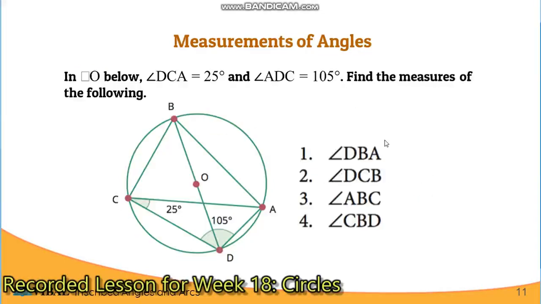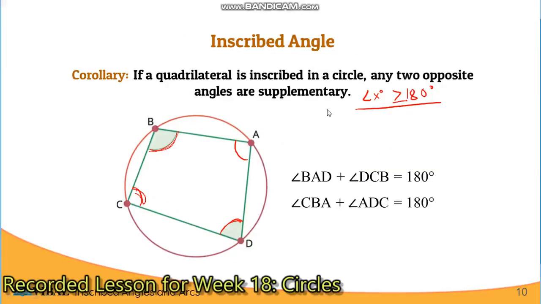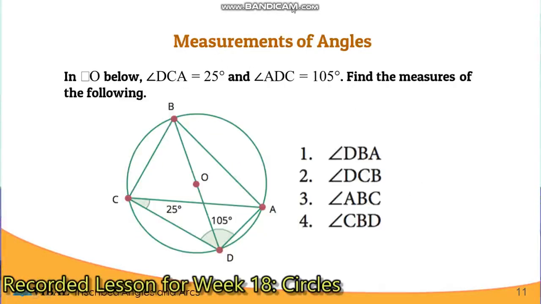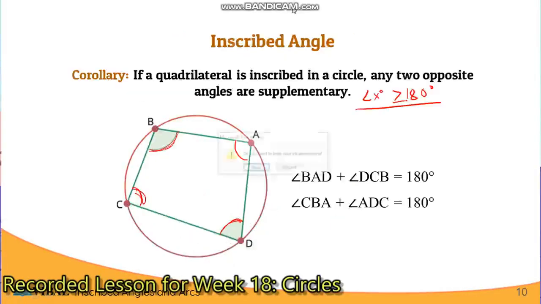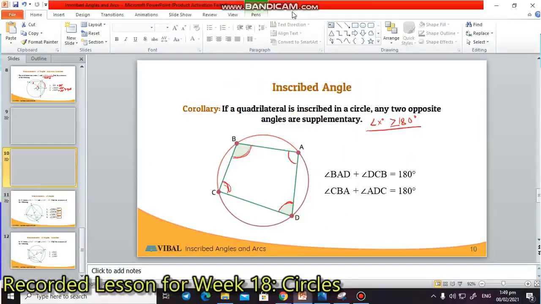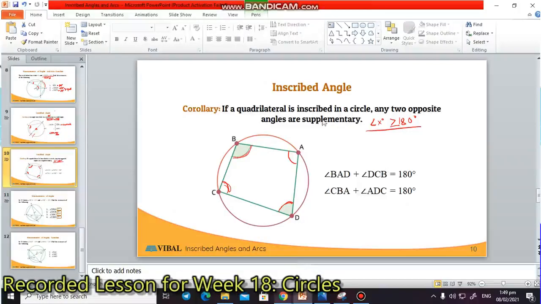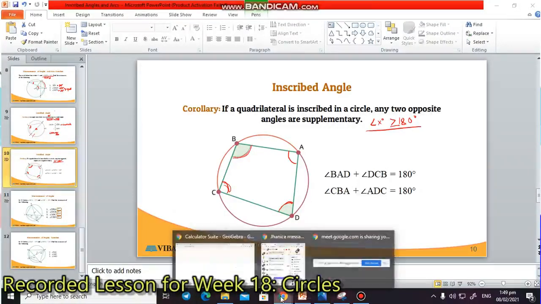Next, meron din tayong CBA plus ADC, that is equivalent also to 180 degrees. Let's try to do that in GeoGebra. Punta tayo sa GeoGebra. Try natin i-prove kung tama ito. Siyempre, tama yan, sure. Ilang mathematicians yung nagdaan dyan. Try natin i-prove.